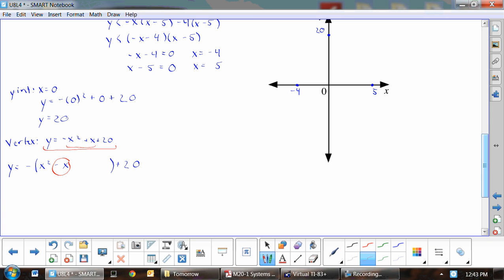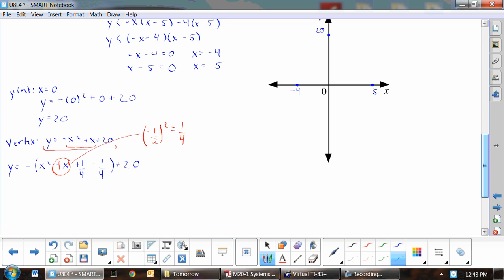And then we have to take this, and this is where we go, okay, negative 1 divided by 2 squared. Okay, so remember, we take whatever our coefficient is here, so negative 1, and we divide it by 2 every time, and then we square it. So we get 1 over 4. And so we get to add it and subtract it.